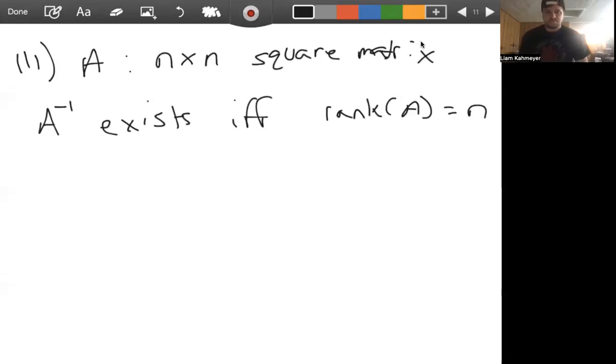And so you can only have an invertible matrix of max rank. If you have rank less than N, this matrix will not be invertible.